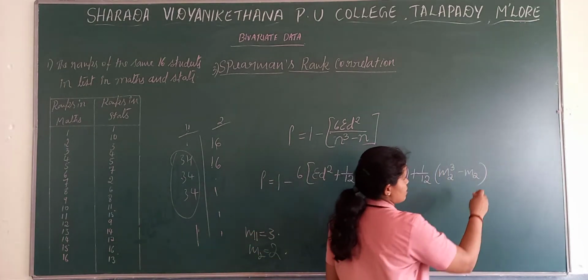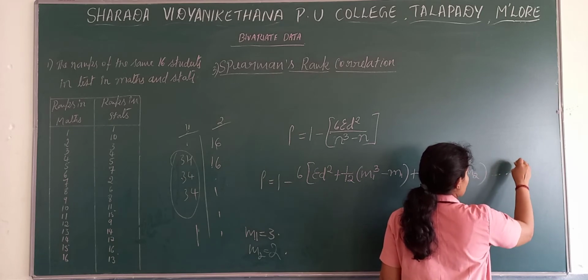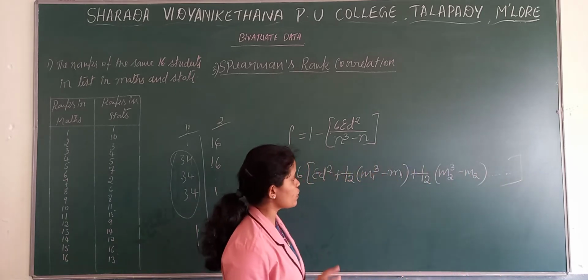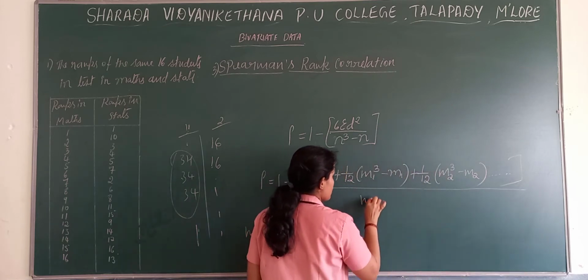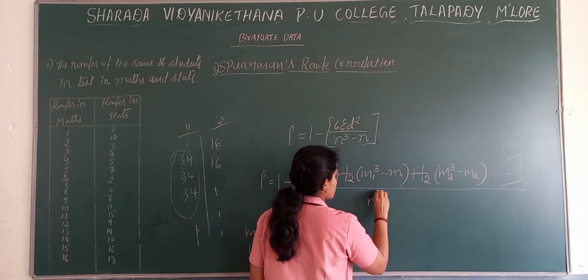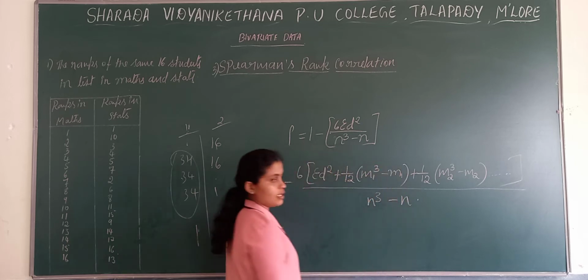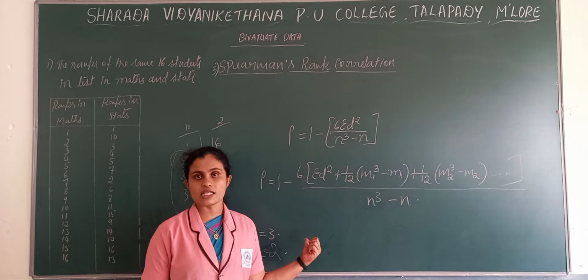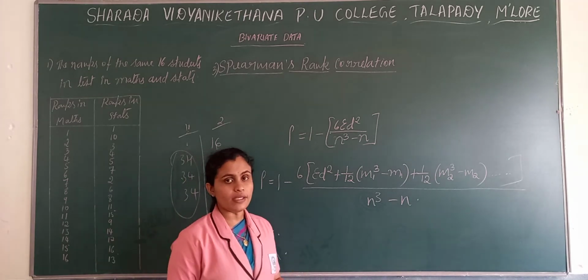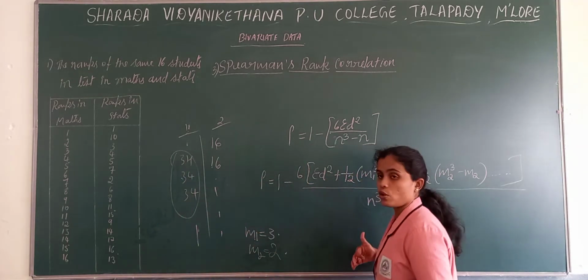It extends depending upon the values, all divided by n cube minus n. So this is the formula to find Spearman's rank correlation.